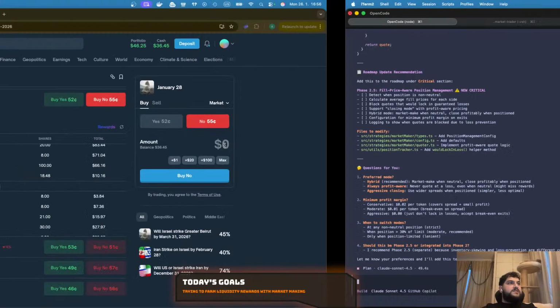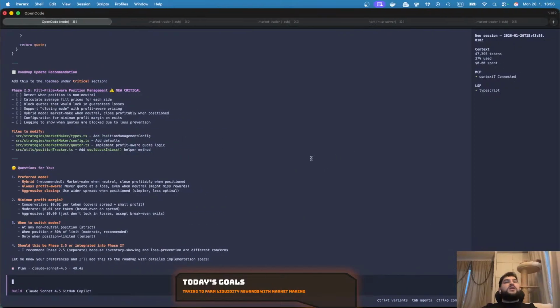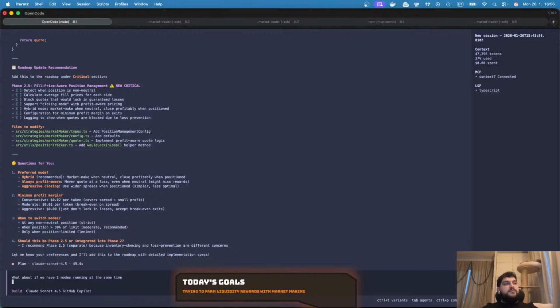The thing is, it doesn't help us. Yeah, and then we can implement the stop loss in there as well, and so on. What about if we have two modes running at the same time?